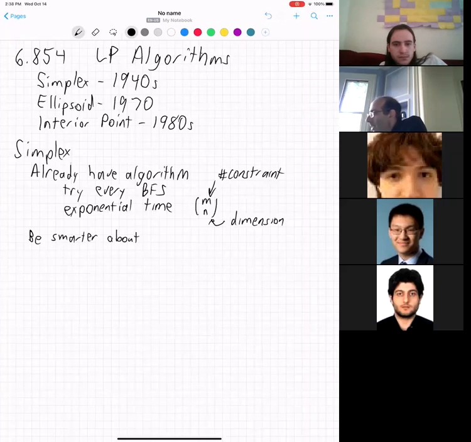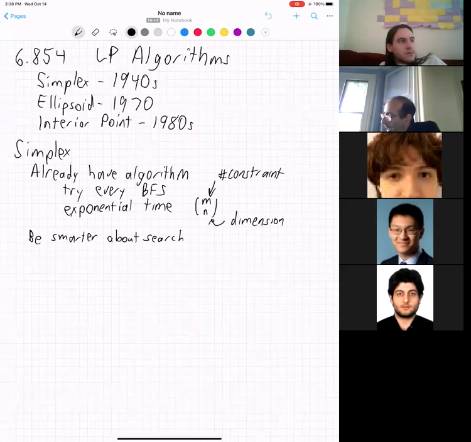Oh, I see what you're saying. No, so this is more like when I'm thinking about canonical form, right? And if m is very close to n, then you can be smarter. There are lots of caveats to this, but at a high level, the number of constraints that you need to look at is basically proportional to the dimension of the problem.